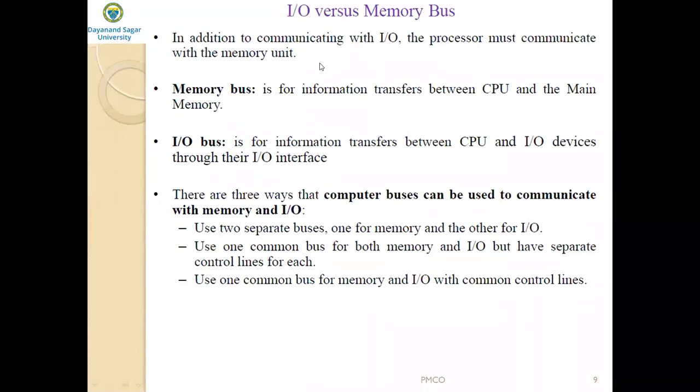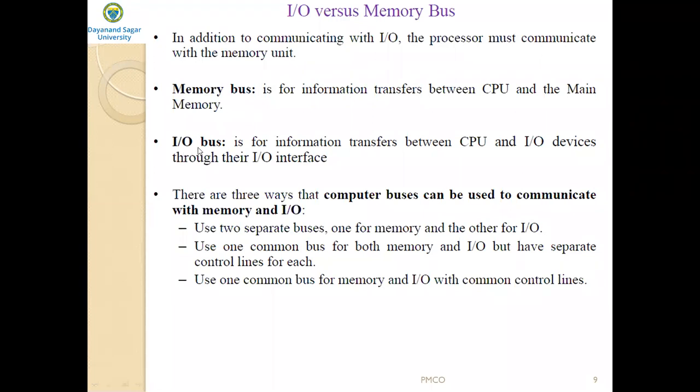In the same manner in which we have interfaced the processor with the I/O, you have to interface the processor with the memory also. So then the memory bus. Memory bus is for information transfer between the CPU and the main memory. So we should also have an interface for communication between the CPU and the memory. That is nothing but the memory bus.